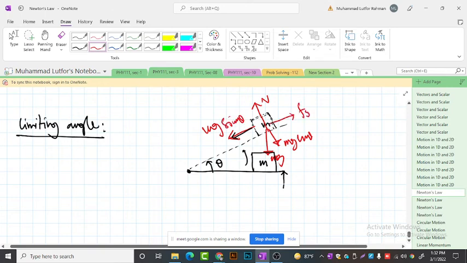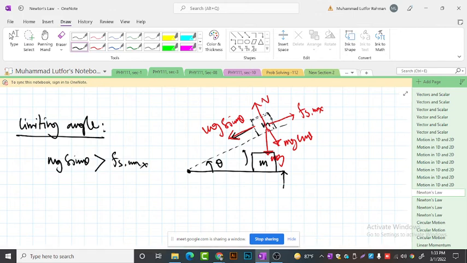I write down Fs max, whatever you say, because I have to find the point. If mg sin theta is greater than Fs max, then the block will move downward. If mg sin theta is less than Fs max, it's never going to move downward. It will be stationary in that position.